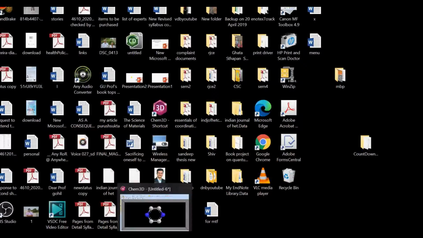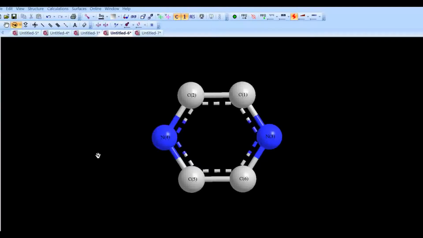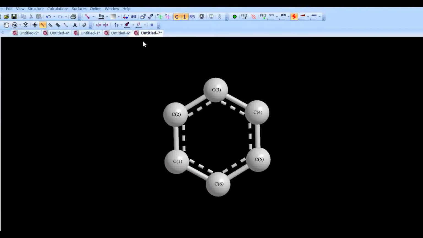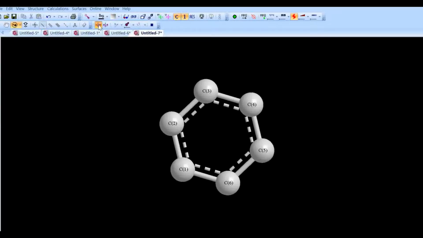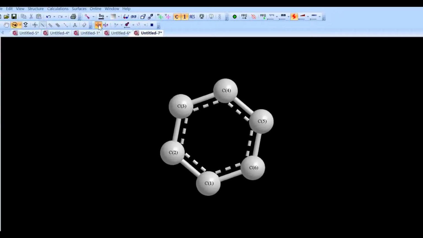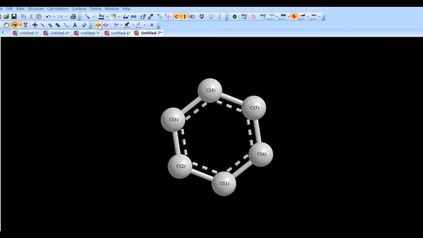Let me show you the benzene molecule, and now I am rotating the molecule by an angle of 60 degrees, that is a C6 rotation. So what happens? C3 will go to C4, or C4 goes to C3. So this is your C6 rotation.